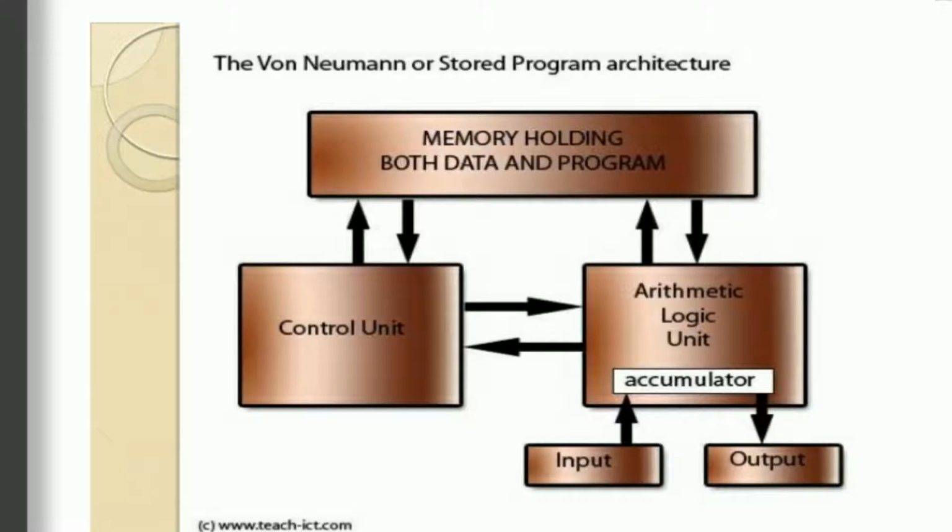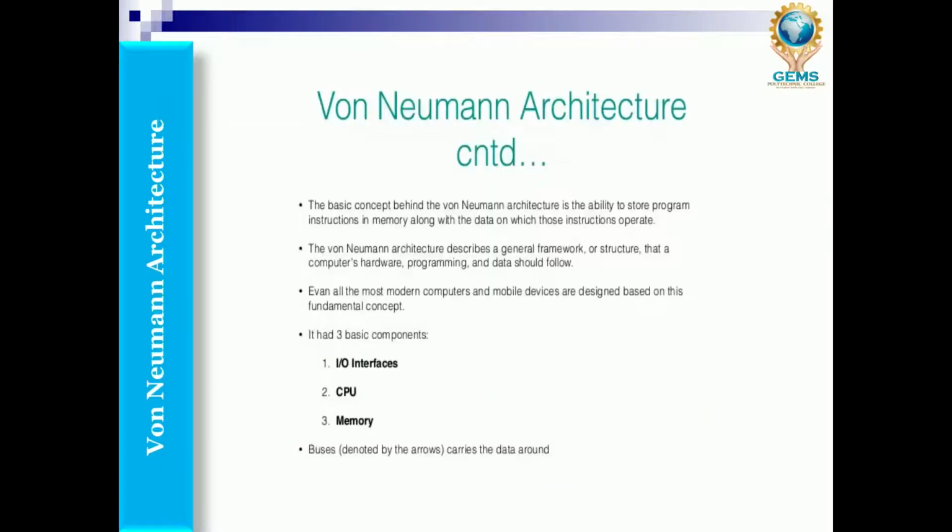So data and program means data and a set of instructions held together in a memory. Now let's see the control unit, arithmetic logic unit, and input output. This entire part is the central processing unit. Now what is the processor going to do? Every data and every instruction comes from memory, and it will produce the output based on the data and instructions. This is what we are going to discuss.